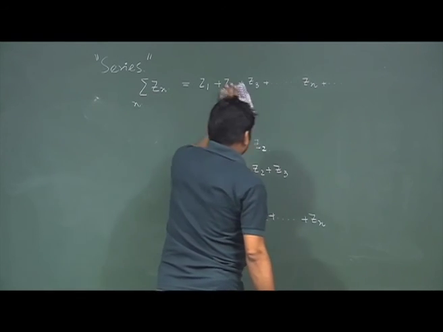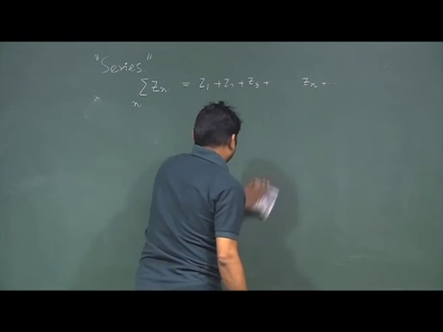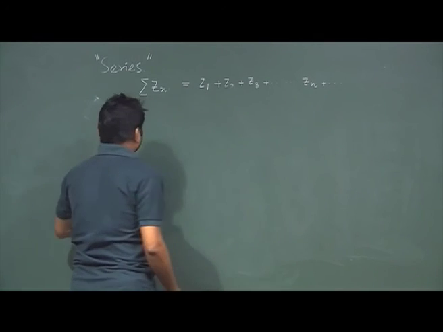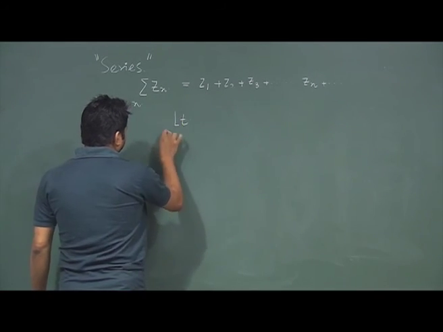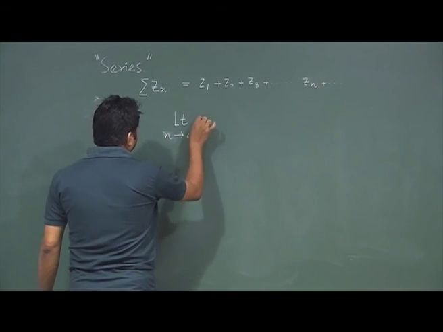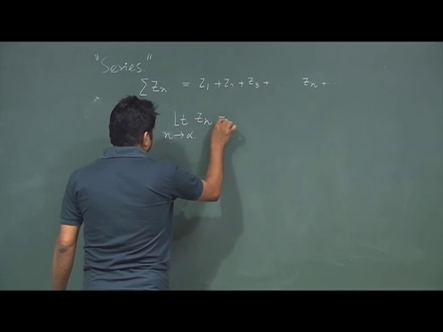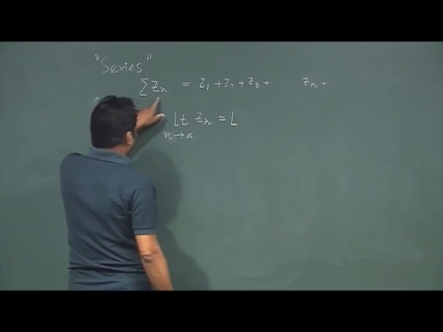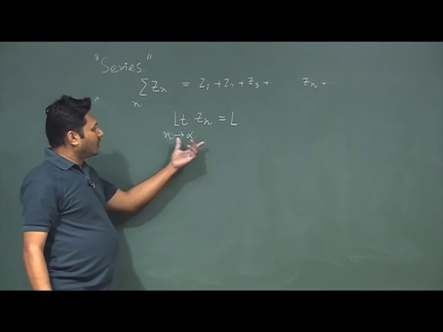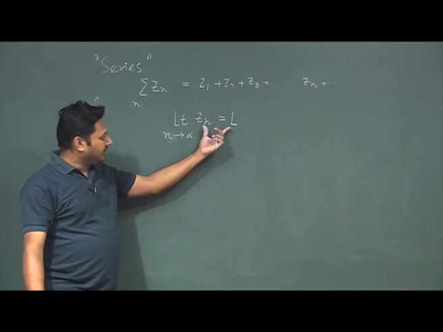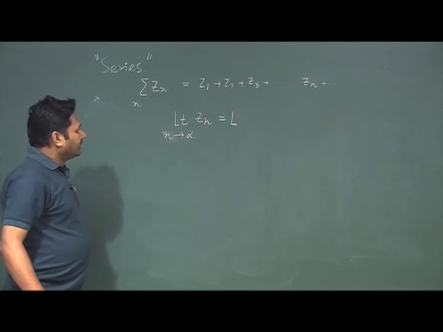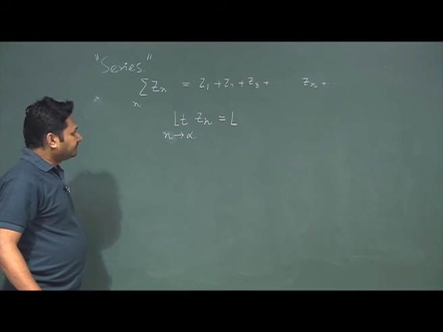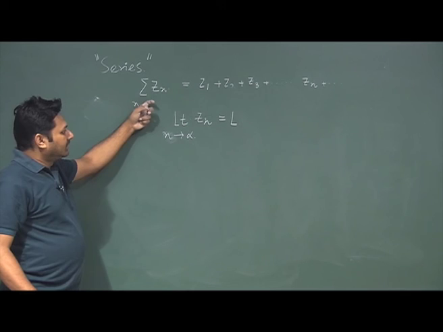Again, if this entire sum, limit n tends to infinity, goes to some value, say Zl, then we can say that this sum is convergent.